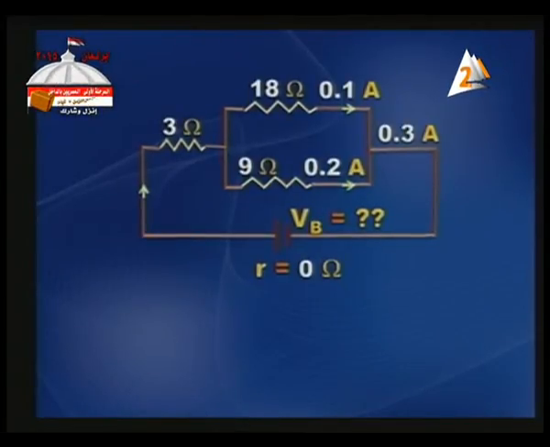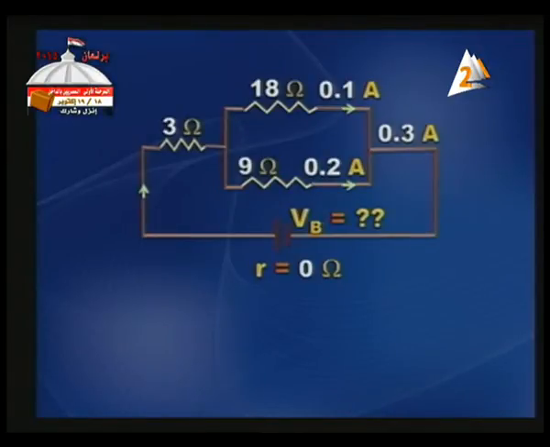And there is something you should do to check that your answer is correct. The current passing through the series resistor should be equal to the sum of the two currents passing through the parallel group. The current passing through the 3 ohm resistor equals 0.3, and it is equal to 0.1 plus 0.2. So I'm quite sure it is correct.